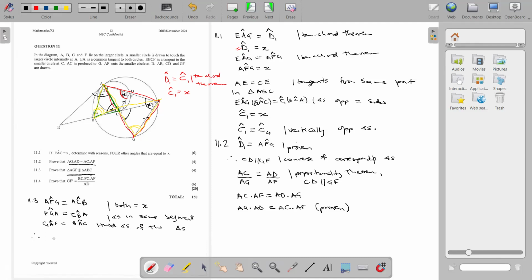Therefore, we can now conclude that triangle AGF is similar to triangle ABC. It's already proven.